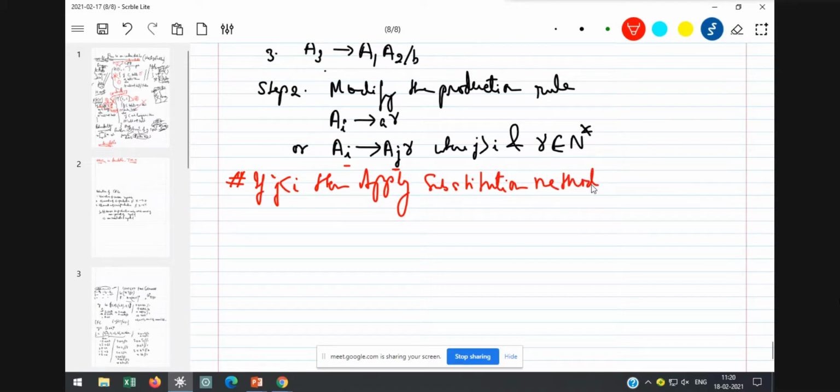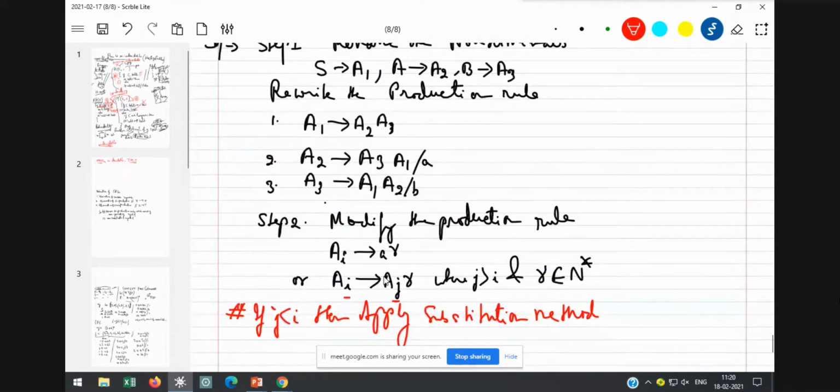Again, don't worry, I have just written it like this in short. So step number 2, what we want is to modify the production rule in this way, where j value should be greater than i. Now let me move back to step number 1.